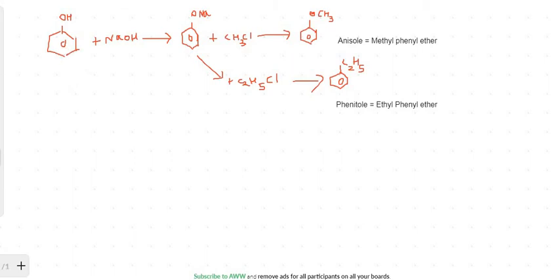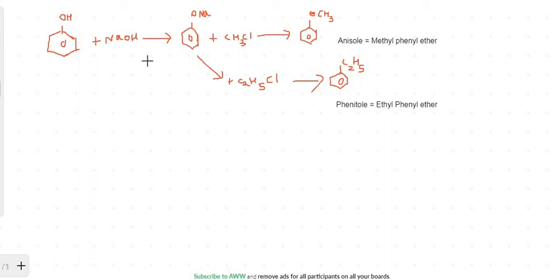As you can see on your screen, this is phenol, and when phenol is treated with 6 to 8% NaOH, what you get is the sodium salt of phenol, and that is called sodium phenoxide.